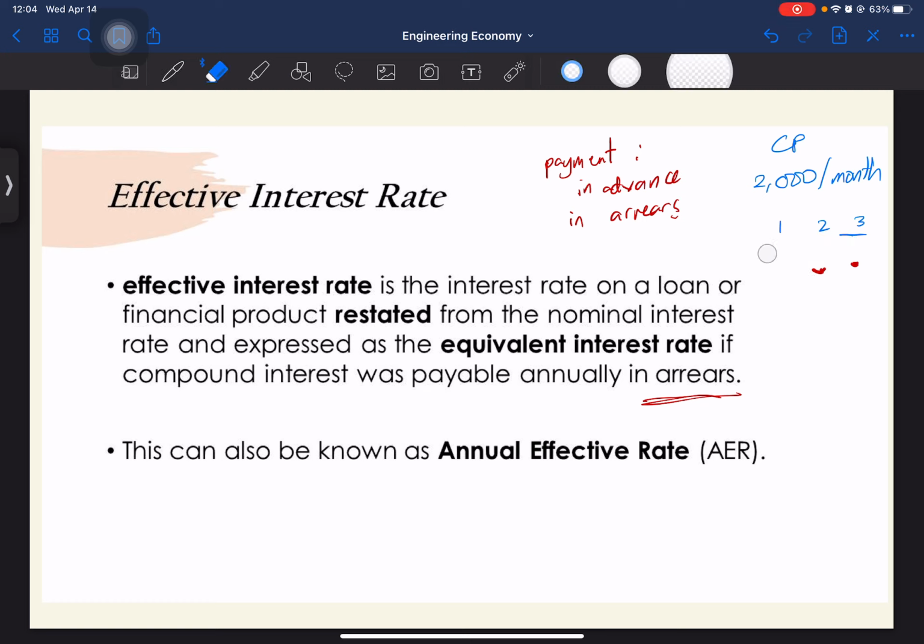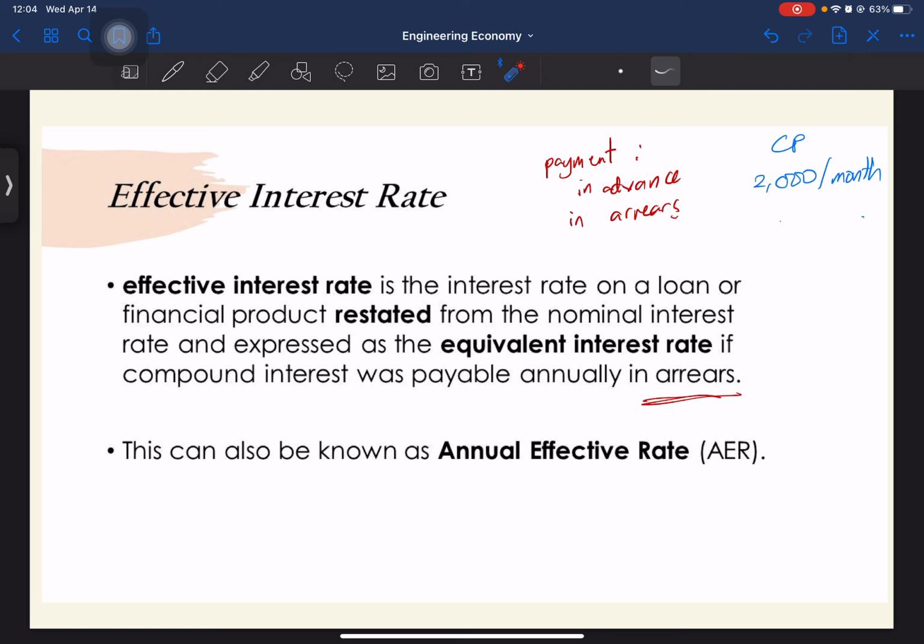So, ang sinasabi dito sa definition natin, when you calculate the effect of a nominal interest rate, tapos kinompute mo siya kung ano yung effect niya at the end of 1 year, sabi, annually in arrears. So, ibig sabihin, at the end of every year. Okay? So, anong epekto niya? Yun yung ibig sabihin ng payable annually in arrears. So, anong epekto niya at the end of 1 year? Yun yung ibig sabihin nun.